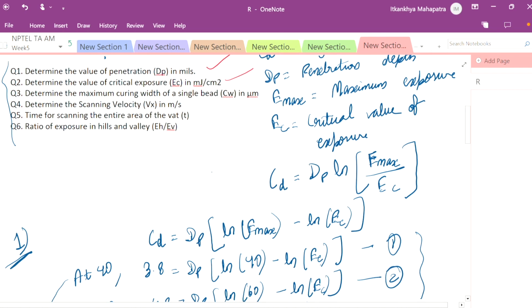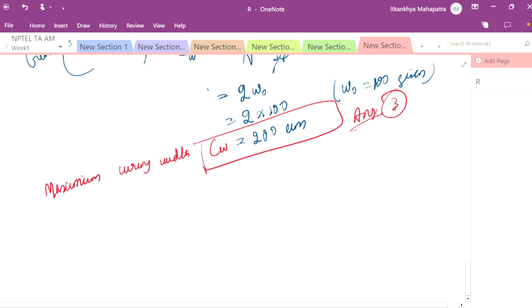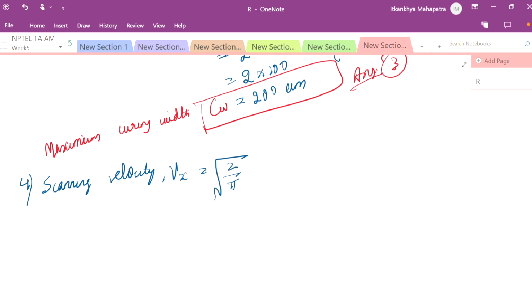Next we have to find out the scanning velocity in meter per second. The formula for the scanning velocity you will get in the lecture videos. I'll write it out here. Scanning velocity Vx is equal to root over of 2 by pi P0 by W0 times 1 by EC, the critical exposure, times exponential of minus CD by dP. Now P0 is given in our question as 500 milliwatt.